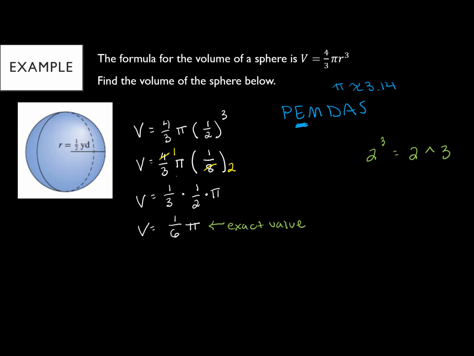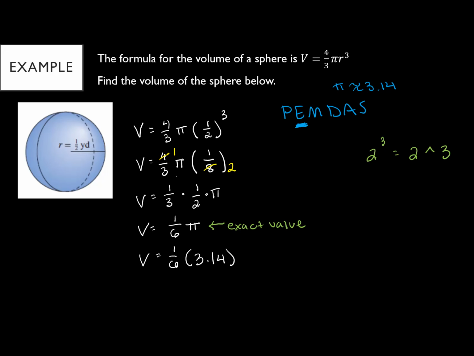If it's not wanting an exact value, you're usually told what to round to. And usually we round to 2 decimal places for something like this. So if we are going to approximate this with a decimal, you would have 1/6, and then we could use 3.14. So a fraction is just dividing.